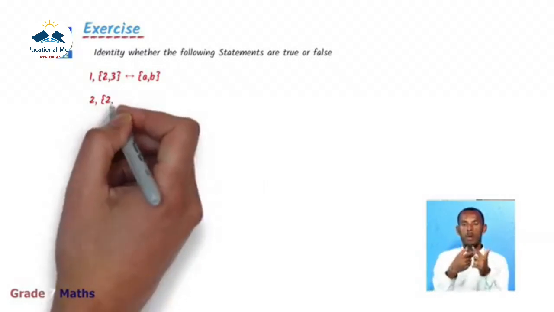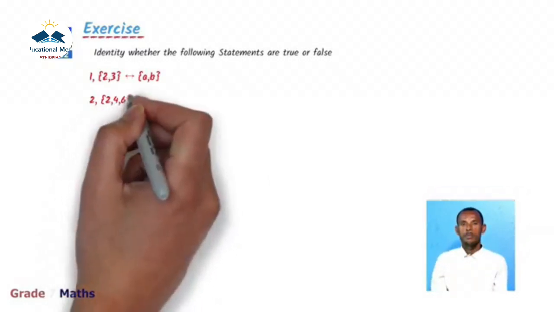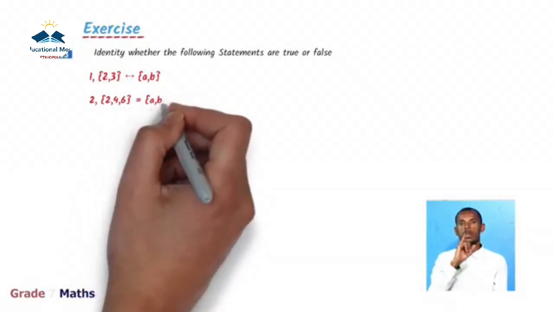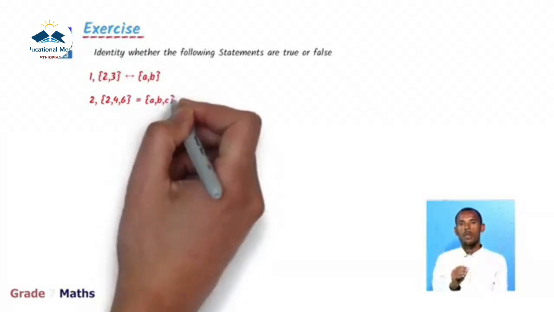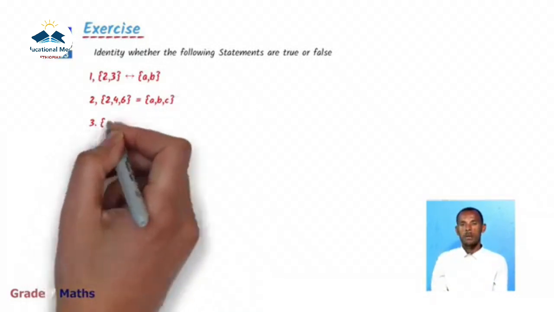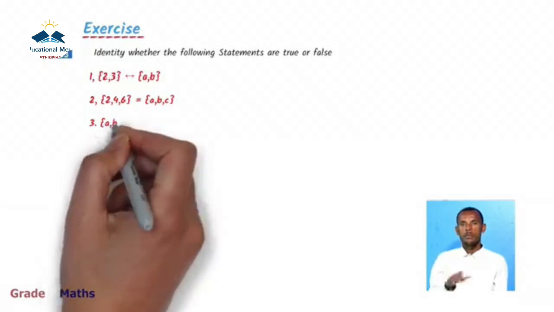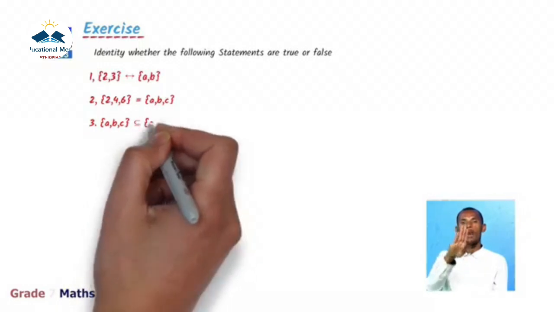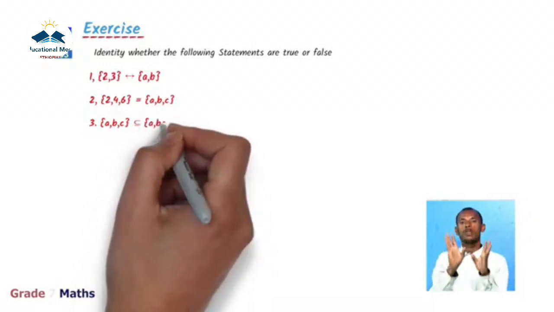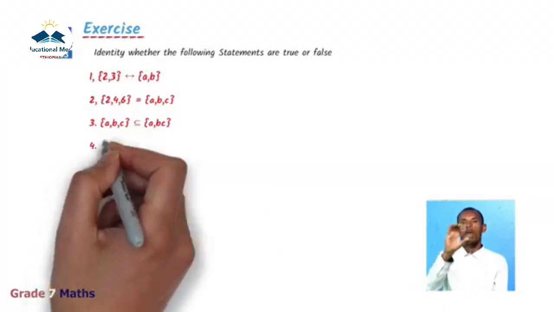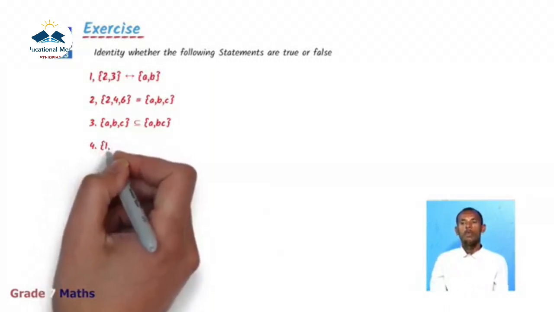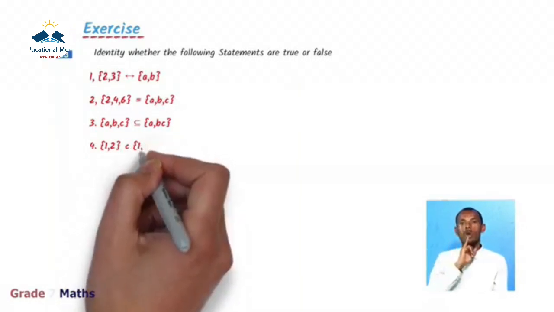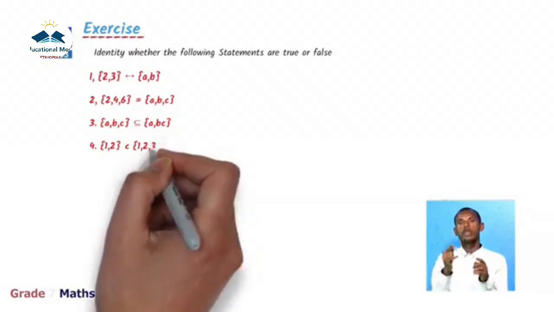Second question. 2, 4, 6 is equal to A, B, C. Third, A, B, C is a subset of A, B, C. Fourth, 1, 2 is a proper subset of 1, 2, 3.